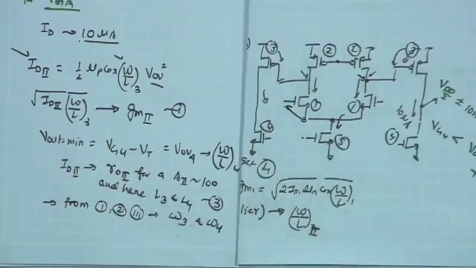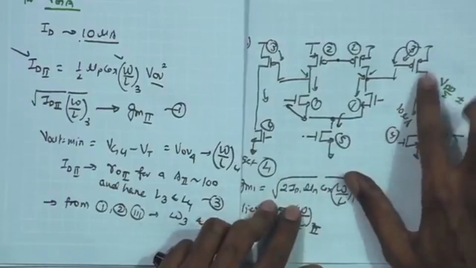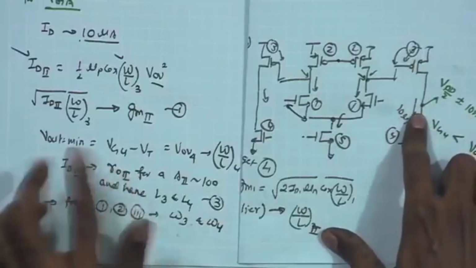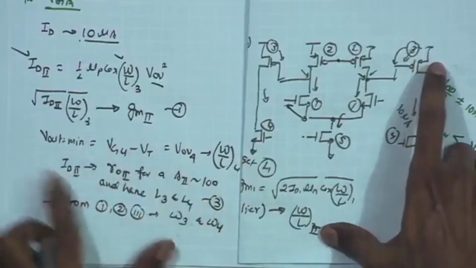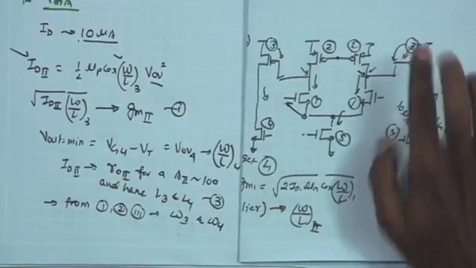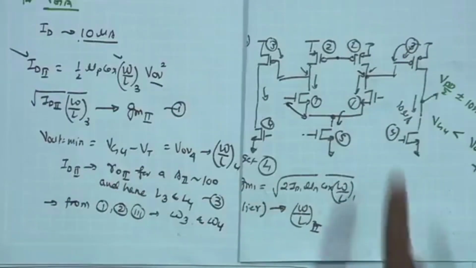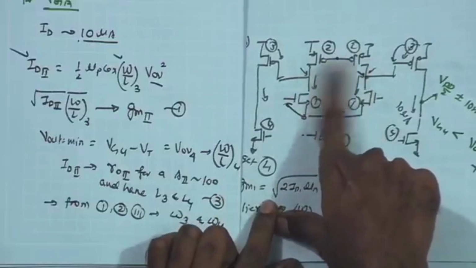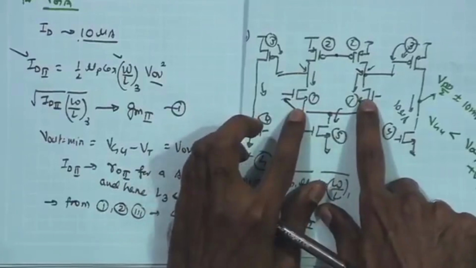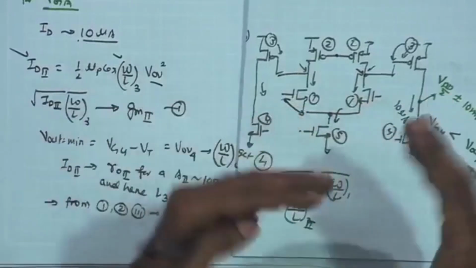Those two things we have maintained, and then of course the L can be determined based on the RO requirement, because I have the gain requirement A2. Based on that I can get the RO2 and hence L, and then W by L of these two can be determined. Now we also have to see how the sizing constraint has changed for these devices. For the input devices we have already seen that the constraint is similar.